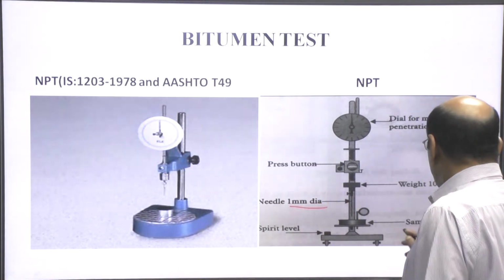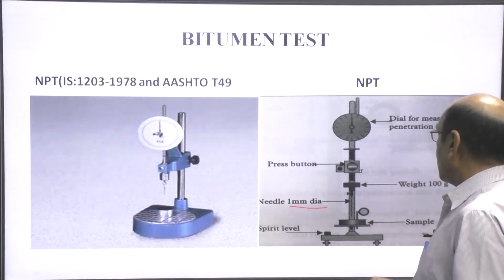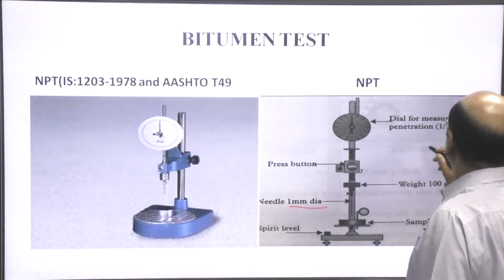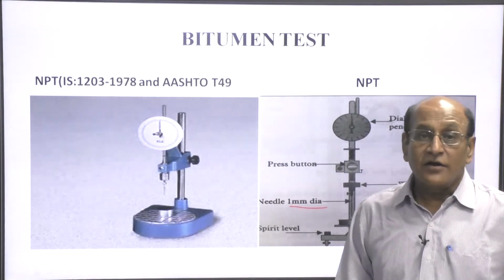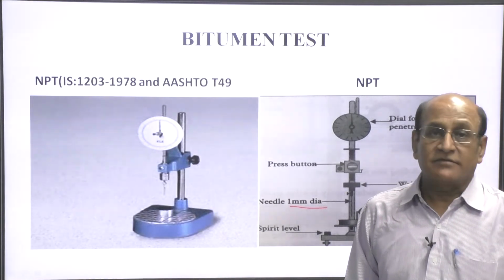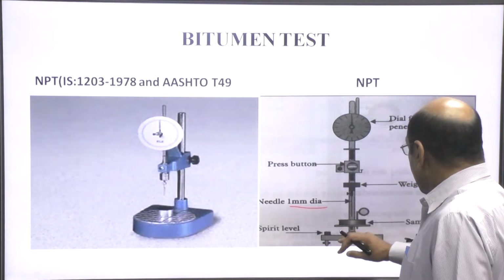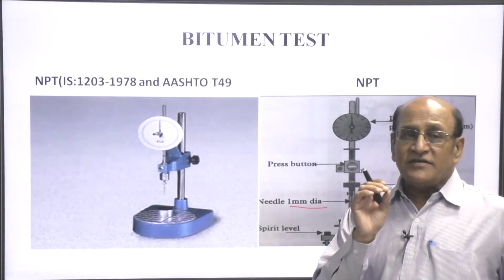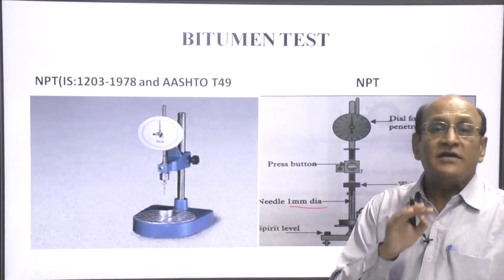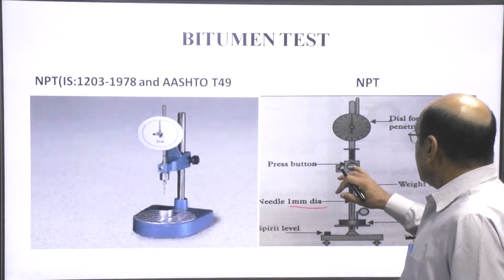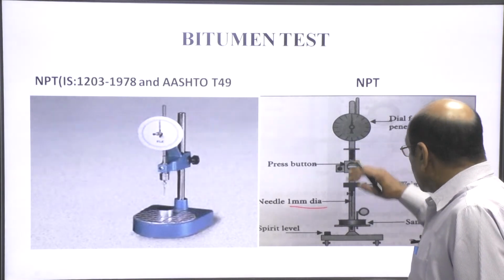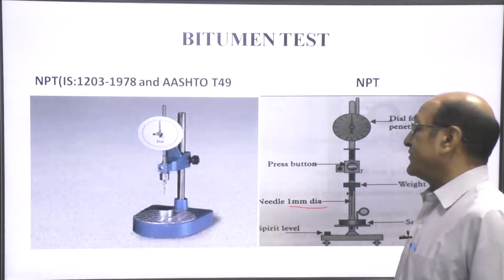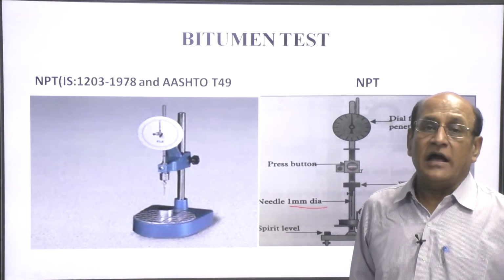The sample is placed in a cup, and this is a dial for measuring penetration, and this dial is not in millimeter but in 1/10 of a millimeter. The needle is placed just above the level of the sample, and then the press button releases the weight, and after 5 seconds it is pressed again so it stops at once.